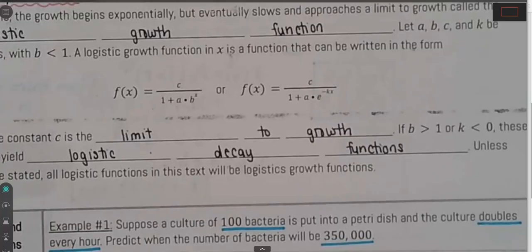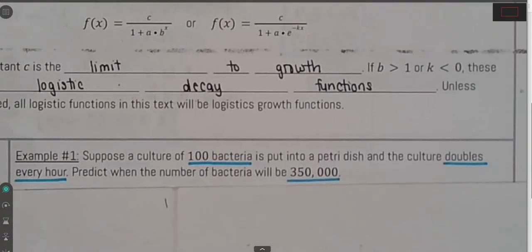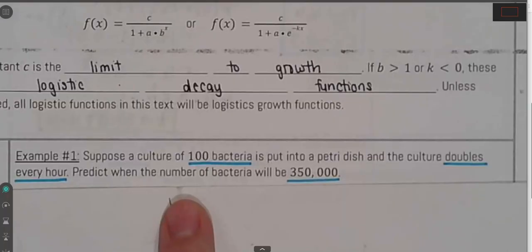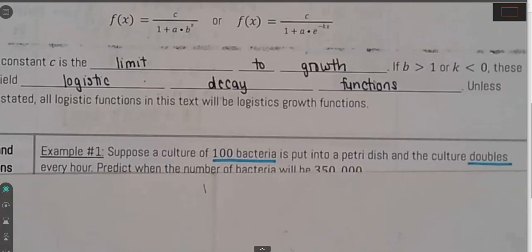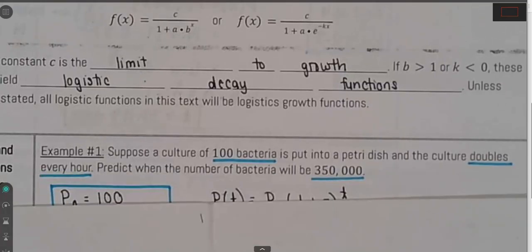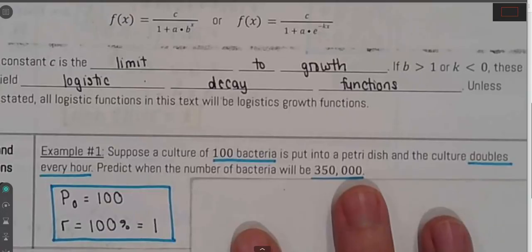Alright, let's do some examples. Example number 1. Suppose a culture of 100 bacteria is put into a petri dish and the culture doubles every hour. Predict when the number of bacteria will be 350,000. All right, let me see if I can.